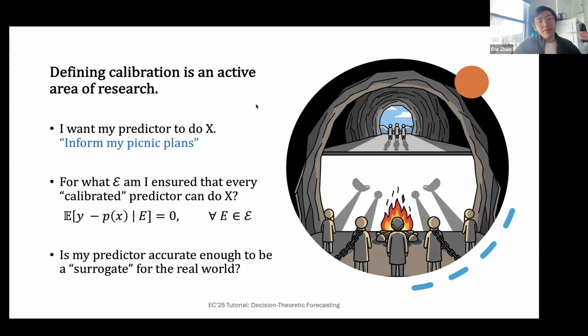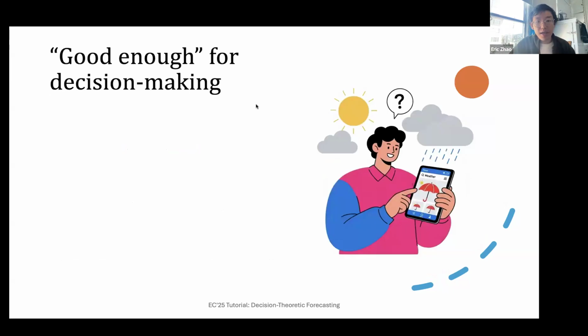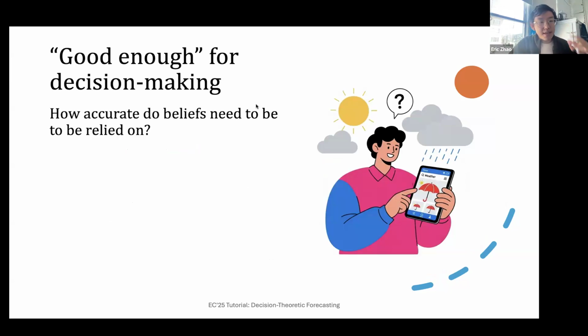That matters because oftentimes I want to be able to make decisions, but I don't have a lot of information about the world. And so I want to know whether I can trust my predictors, my forecasters, to give me surrogate information to help make decisions. This is the premier modern application of calibration: it tells us how accurate beliefs or predictions need to be in order to be relied on.